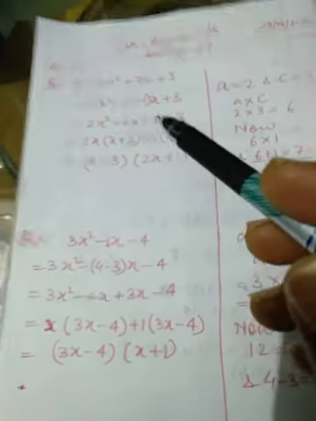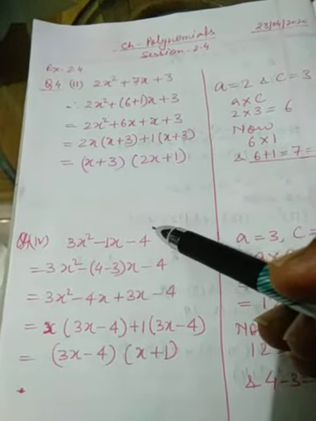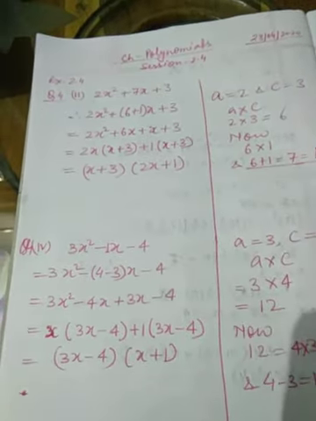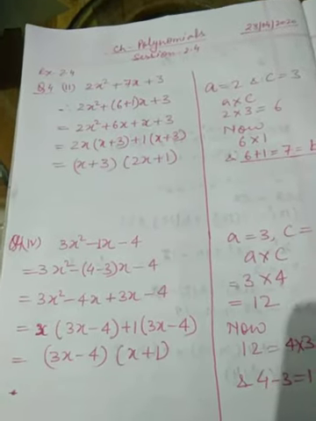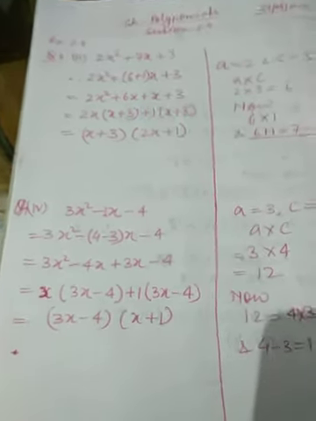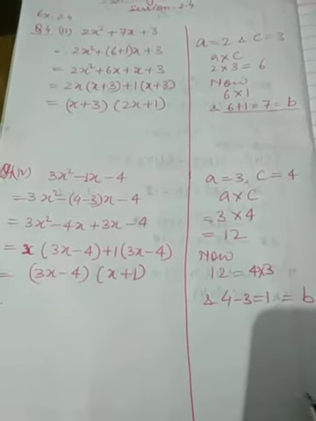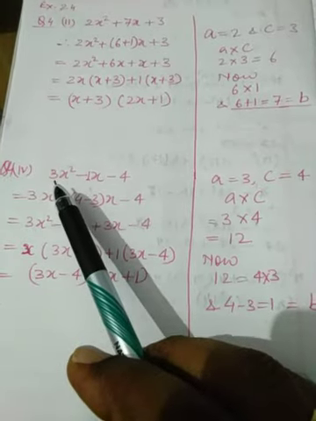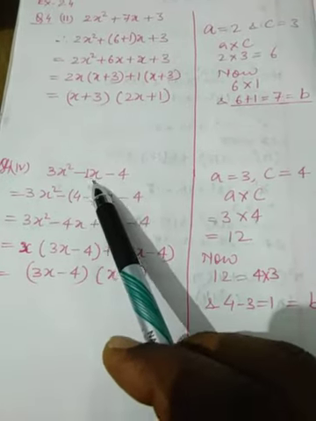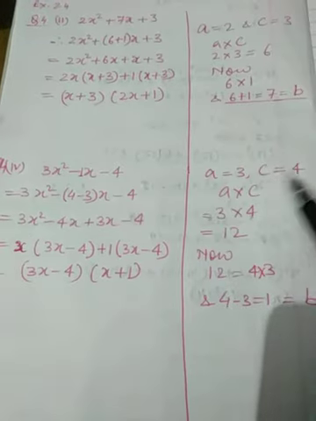We will try to understand this factorization with one more question of the same exercise. I took question number 4, fourth part. I would like to repeat the same process, though some differences are there, that's why I took this question. In this question, 3x square minus x minus 4, a equals 3, c equals 4.